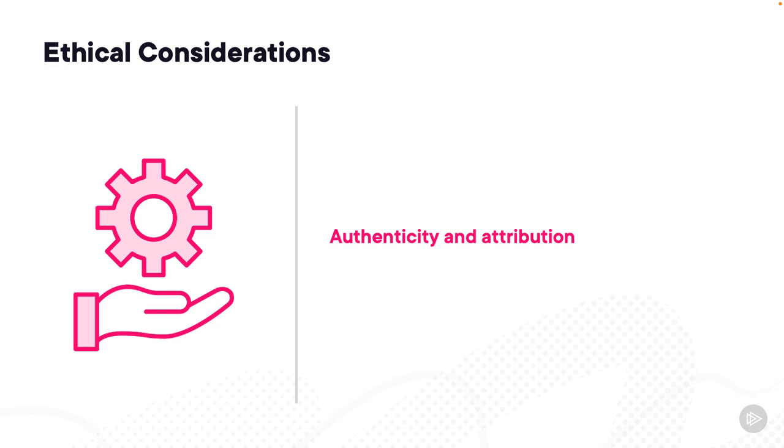Incorporating watermarks or markers within AI generated content can help differentiate between sources and maintain authenticity. Then, ownership and copyright. The question of ownership and copyright for AI generated content raises complex ethical issues. Responsible usage entails determining legal ownership, attributing authorship correctly, and ensuring respect for intellectual property rights.